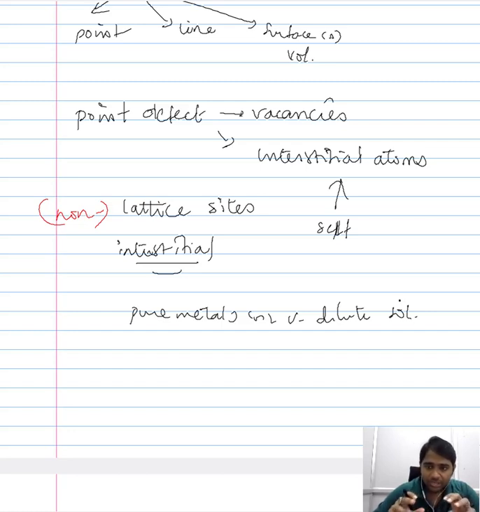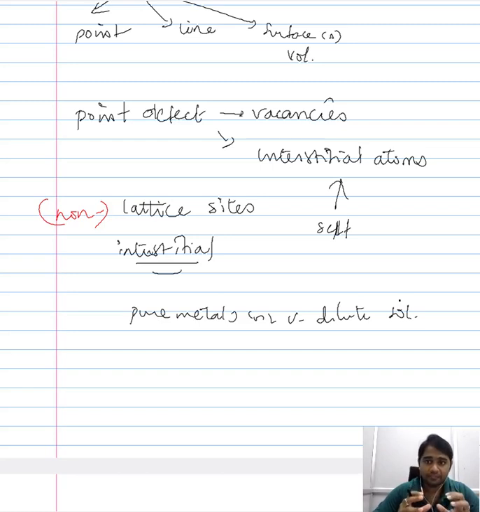Now when you consider a solid solution or an alloy wherein you have intentionally added some alloying element that occupies the interstitial position, the reason certain alloying elements occupy the interstitial position, this you might already be familiar with, is because of the difference in the atomic radius.